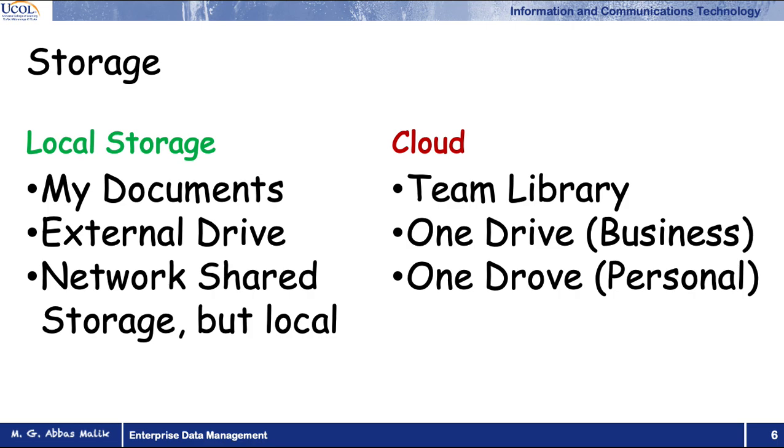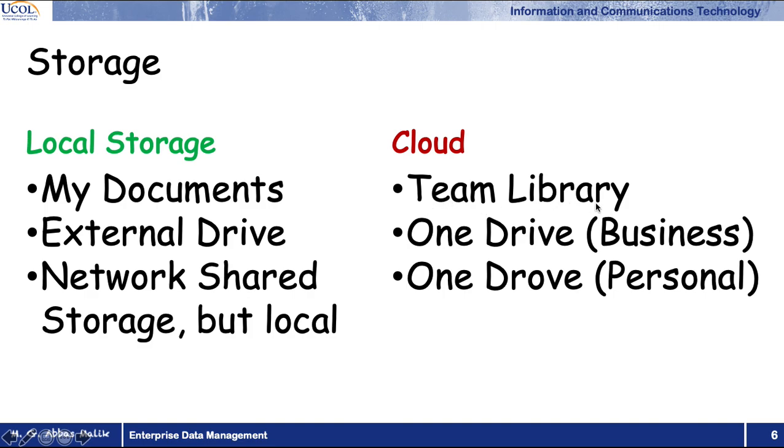One is local storage: my documents, or maybe an external drive, or a network shared drive. That is local storage within the local network, or on the local computer, like my documents, or some external drive that you have connected with your server, or a network shared storage in the local network. Or we can save all this information inside our cloud.